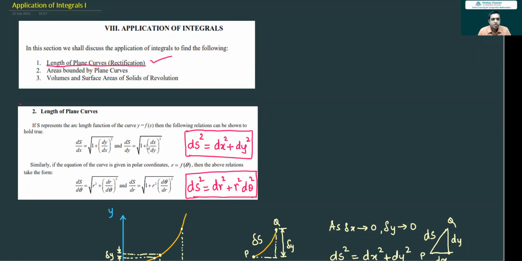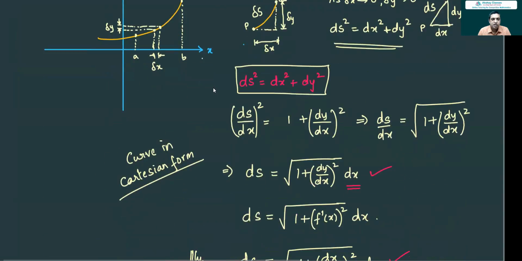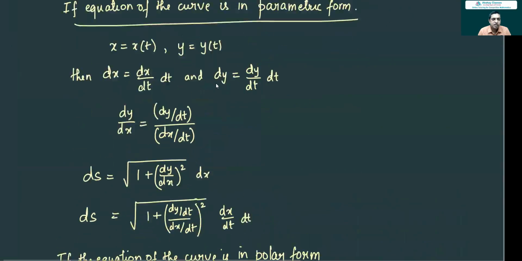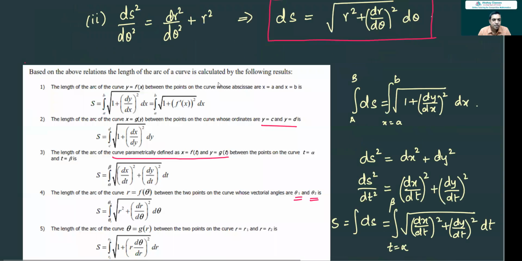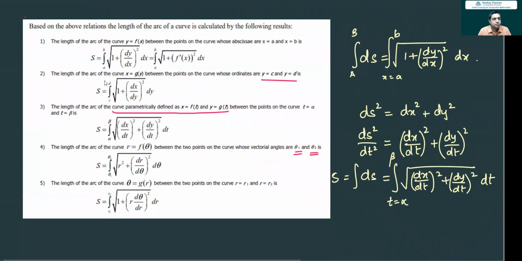As far as Cartesian coordinates are concerned, things are very simple. Either we have to integrate with respect to x or with respect to y, and we'll get the lengths of the curves. So these are the lengths of the curves that we discussed last time.